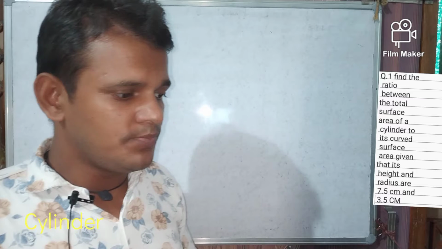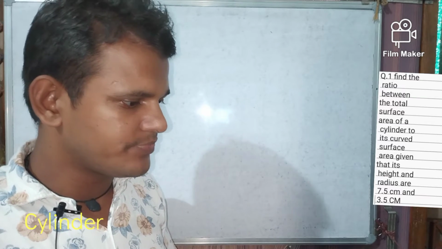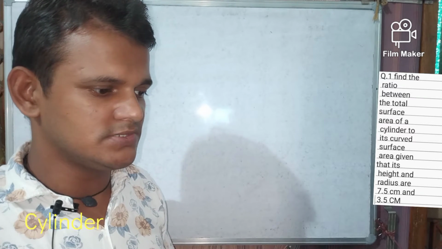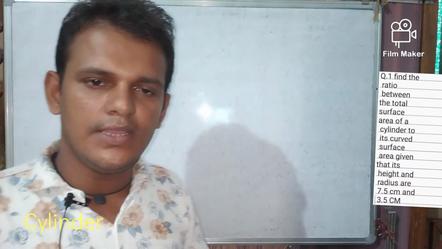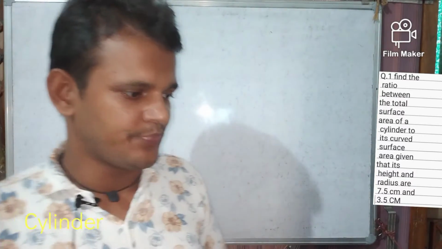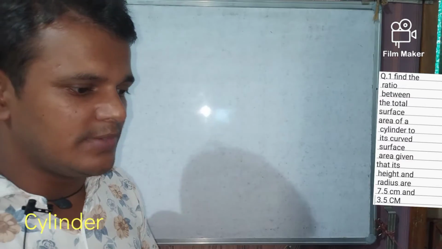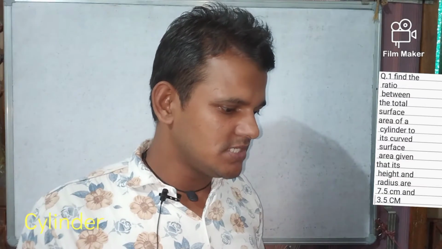So our target is to find the ratio between the curved surface area and the total surface area. Given data is radius 3.5 meter and height 7.5 meter.